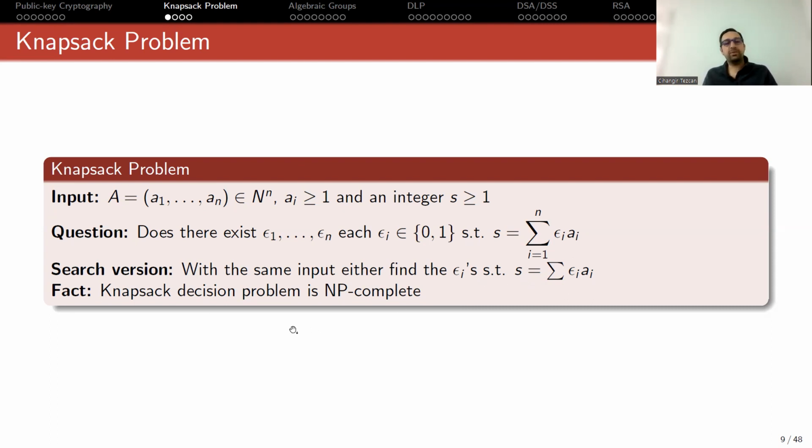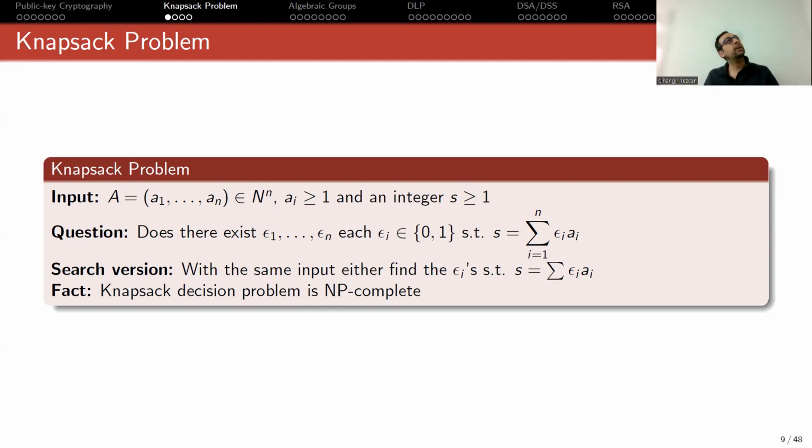The knapsack decision problem is NP complete. This means that this is really hard. Map any NP hard problem to this one and so on. So if you can solve this one, you can actually solve all of these NP problems. So this also solves the huge open problem of whether P and NP are different sets or identical.